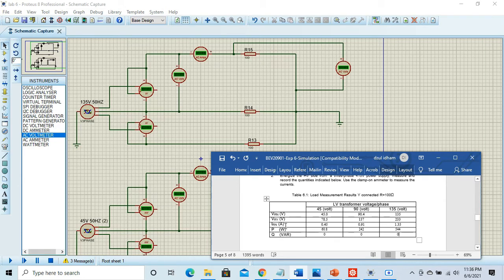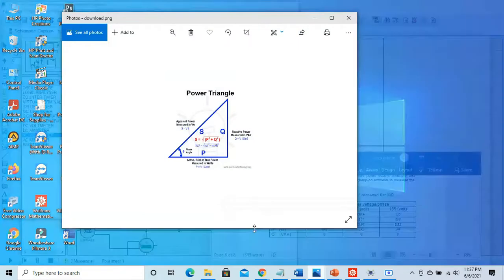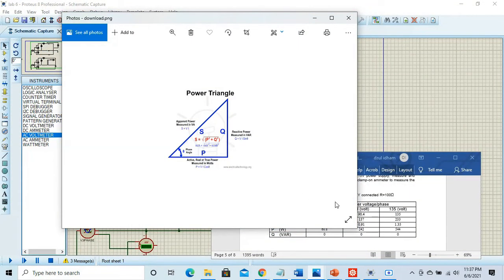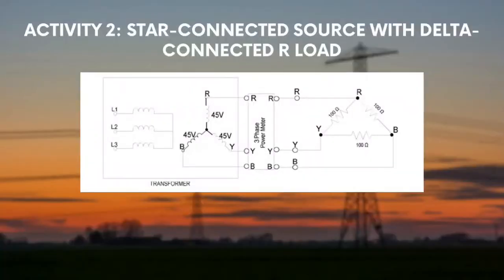P in watts is P1 plus P2, and Q in var is 0 because theta is 0, so sin 0 equals 0, Q equals 0, so there's no Q var. Okay, that's all.